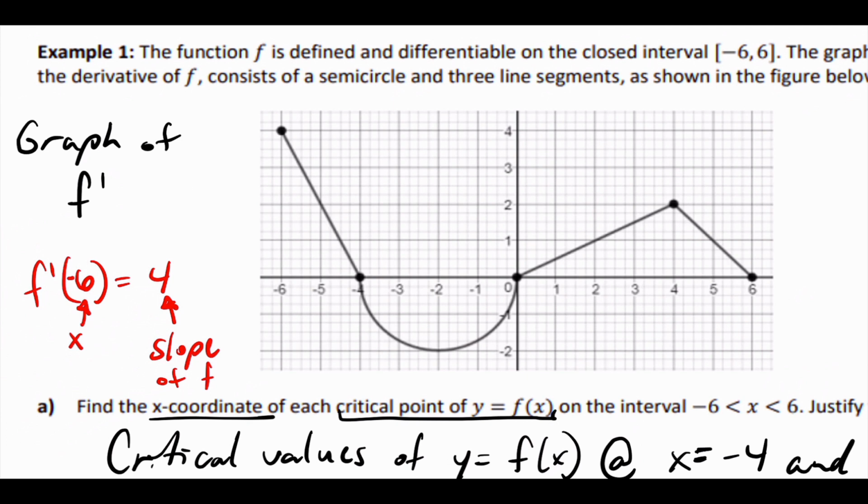Well, the graph we're looking at is not f double prime, or it's not f, it's f prime. So what do we need to do to figure out information about f double prime? What do we need to look at from this graph? The slopes.